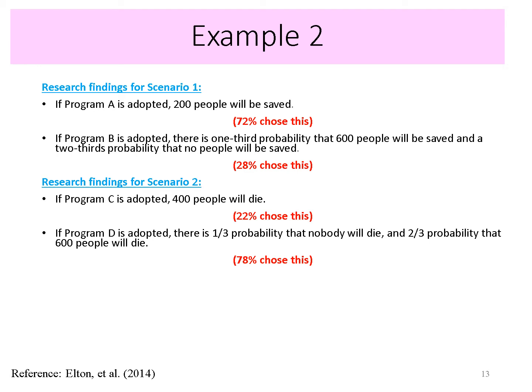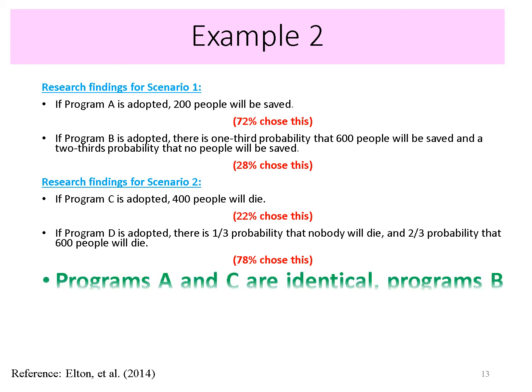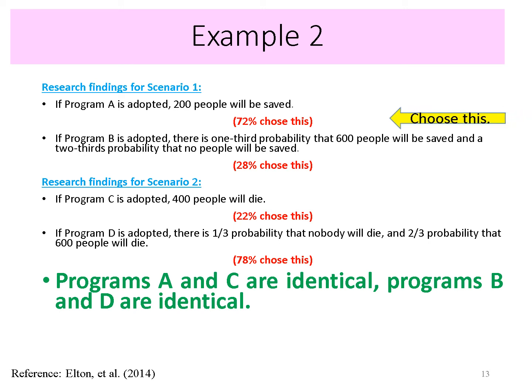Notice that programs A and C are identical, while program B and D are identical too. However, subjects responded quite differently. In scenario 1, most people choose program A, while in scenario 2, most people choose program D.